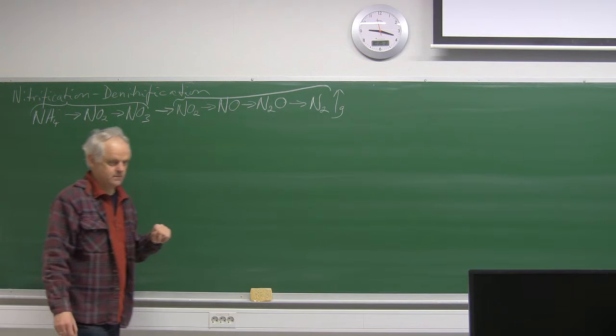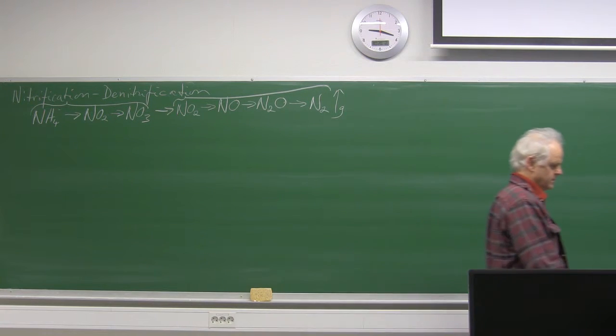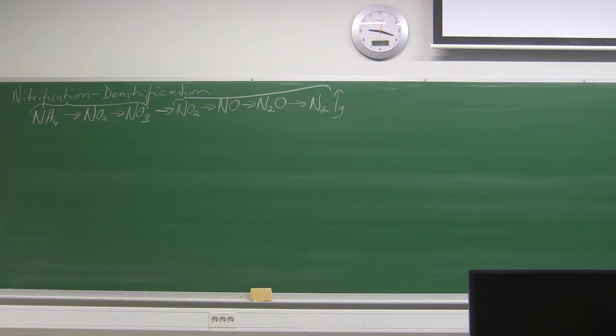First one. Third. Okay, number 3. 5. Number 5 is a suggestion, but both of these end up with nitrogen, so that's part of the denitrification. Now let's just focus on nitrification.